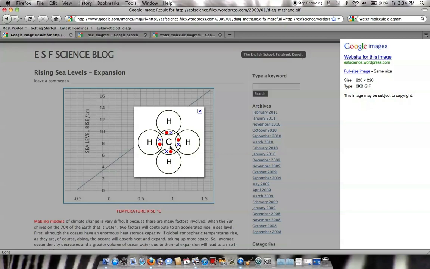So what happens in covalent bonding is that the carbon has 4 areas where hydrogen can share an electron.